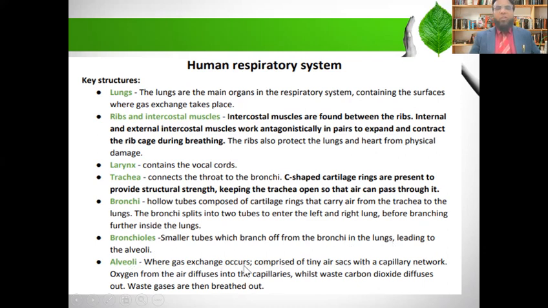Alveoli are where gas exchange occurs, because these alveoli have all four characteristics we discussed in the previous slide. These surfaces should have a large surface area, be moist, be very thin, have air ventilation, and have a network of capillaries.